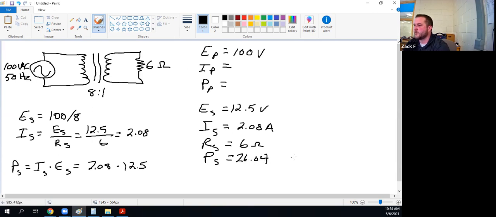What's the unit for power? Watts. Now what can we do? You got 26.4? 26.04 watts. 2.08 times 12.5.